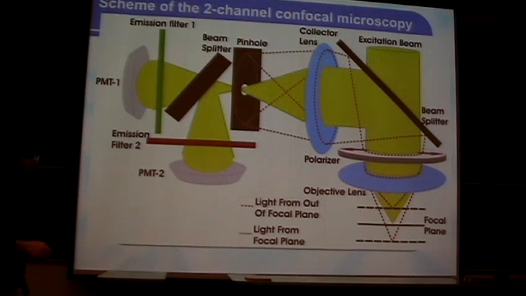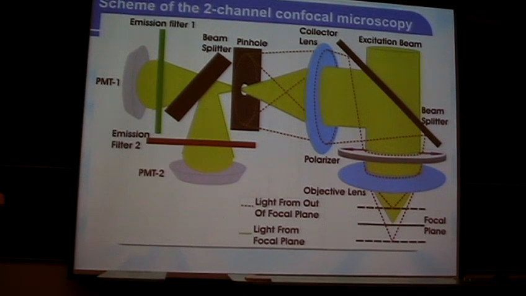And so the two-channel fluorescence confocal microscope is depicted on this slide. You can see that the general principal scheme of this microscope remains pretty much unchanged.